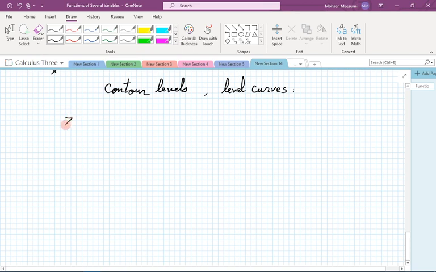So typically you have some function f of x and y. You want to describe it. Could be a complicated function. Let's start with something simple. So here I have my x, y, z, and suppose we have just some nice curve here.